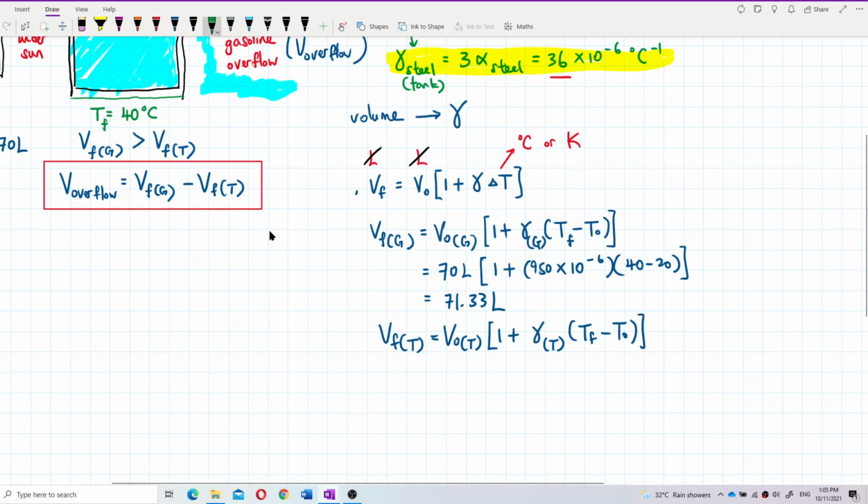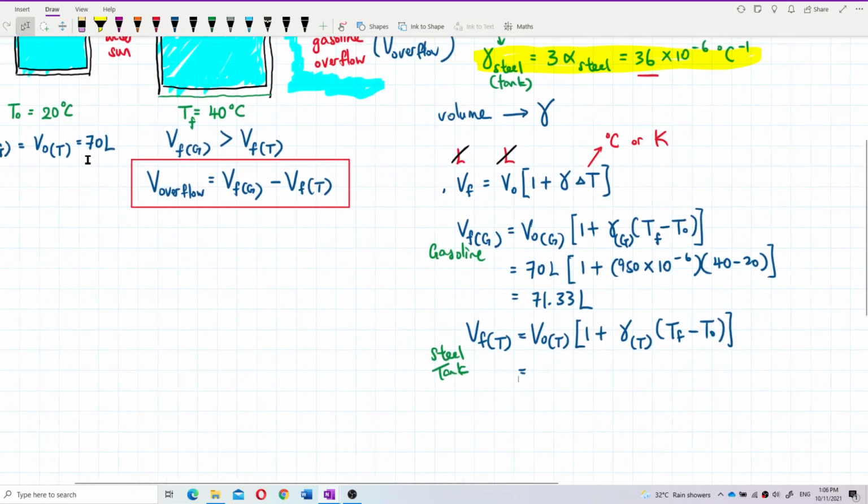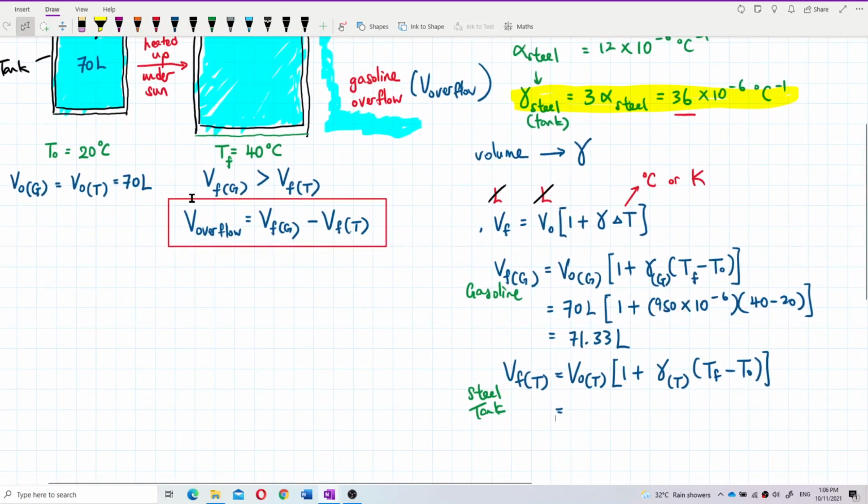The earlier one is for gasoline. This one is for the steel tank. Now let's substitute the values. The initial volume of the tank is also 70 liter.